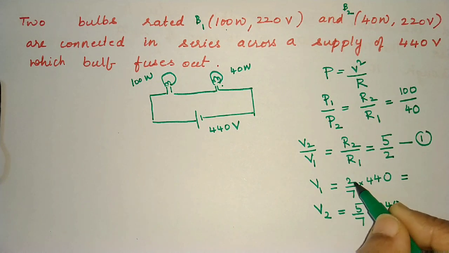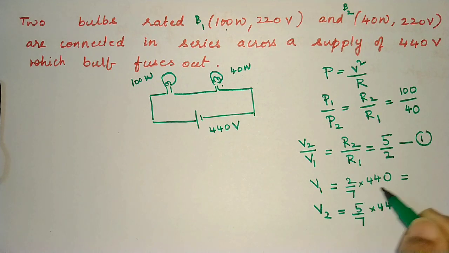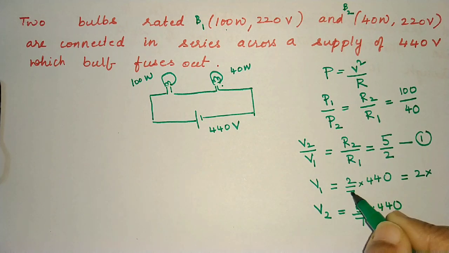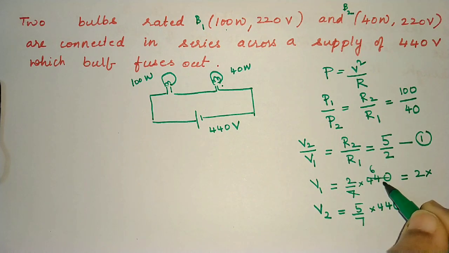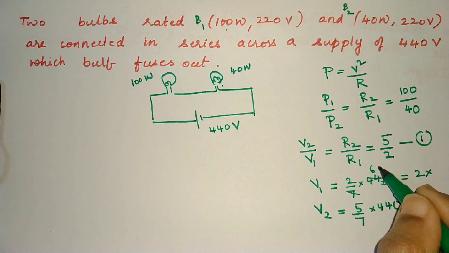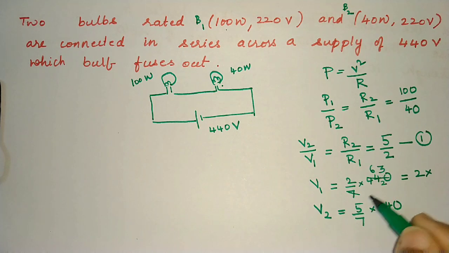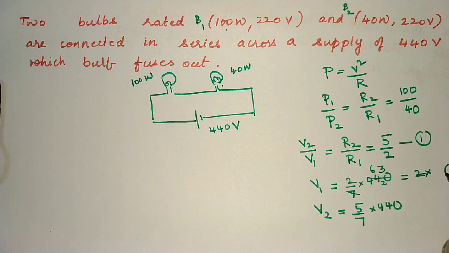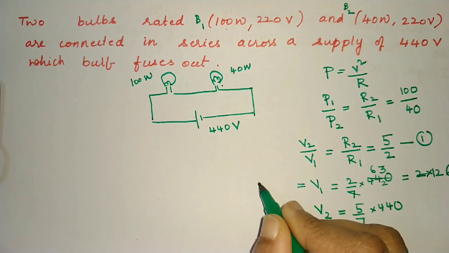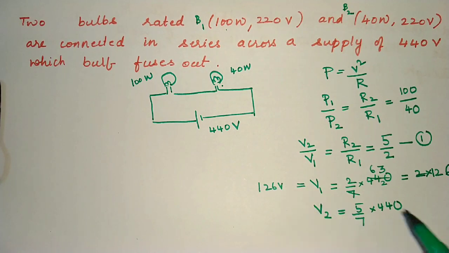Calculate this value. What is 2 by 7 times 440? Cancel with 7 table. 2 into 7, 6, 42, 20. Approximately, I'll take it as 63. 7 3 is 21. So V1 is equal to 126 volts.